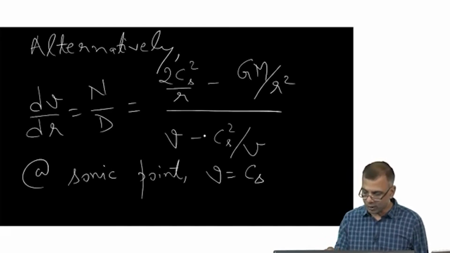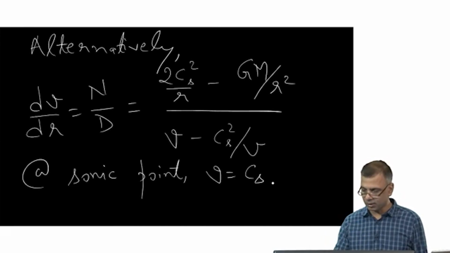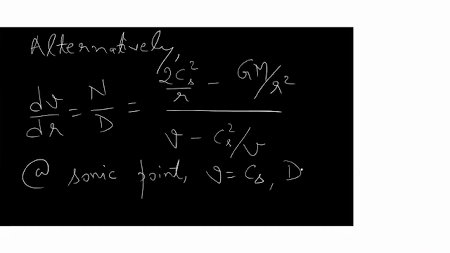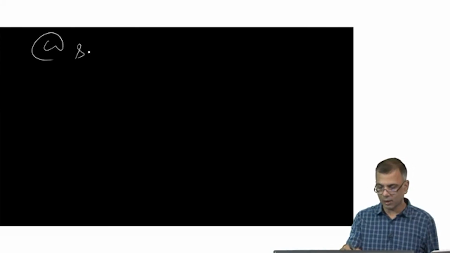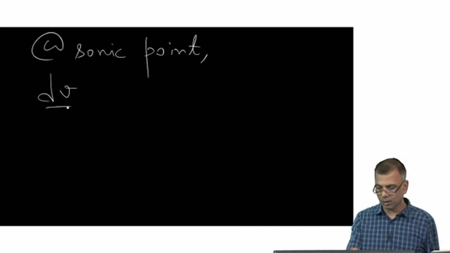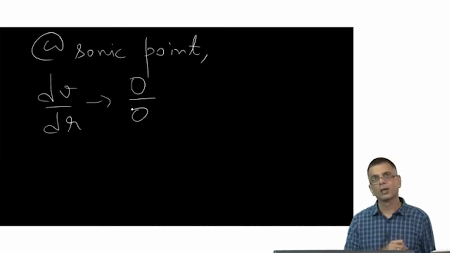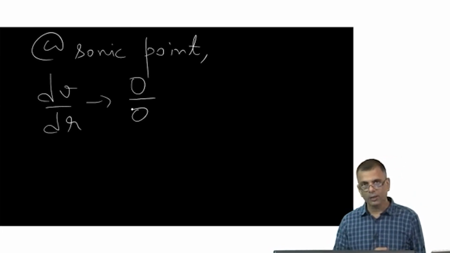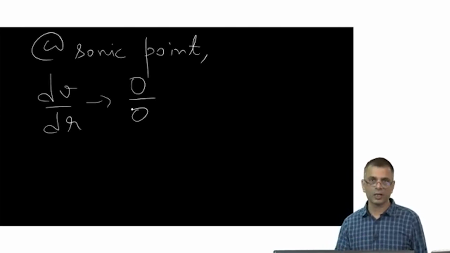So, when V squared becomes Cs squared, the denominator becomes 0 and the numerator also becomes 0. Okay. So, in other words, at the sonic point, dV/dr assumes a 0 over 0 kind of character.